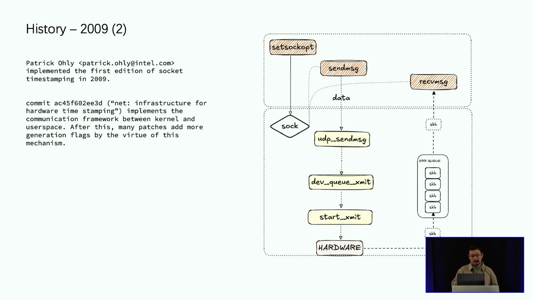At these two measurement points, the current timestamp will be generated and a new SKB allocated. And this new SKB will carry the timestamp and will be put into the tail of the error queue. And then we will ask the application to call recvmsg to receive these two SKBs from the error queue. It is how it works basically.